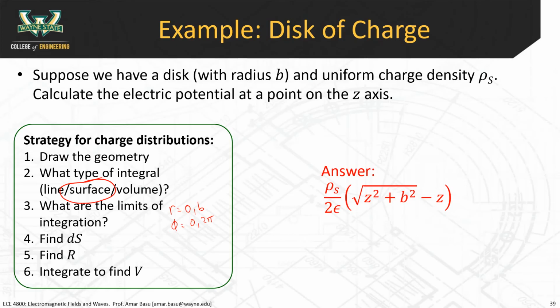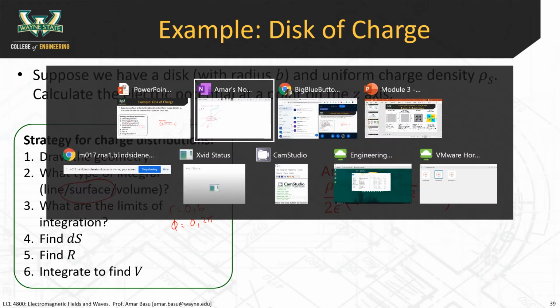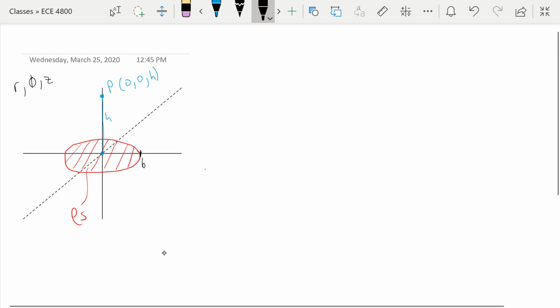So we drew the geometry. We know it's a surface integral, so the limits of integration, this is step 3. So r is going to be from 0 to b, and then phi is going from 0 to 2 pi.